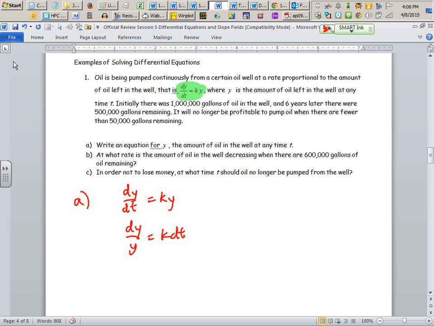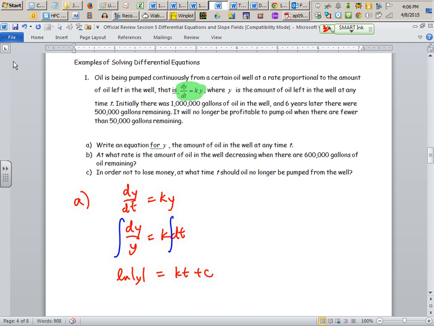Okay, so that's separate. Did you integrate? Okay. Did you anti-differentiate? Did you get ln absolute value y equals kt plus c?